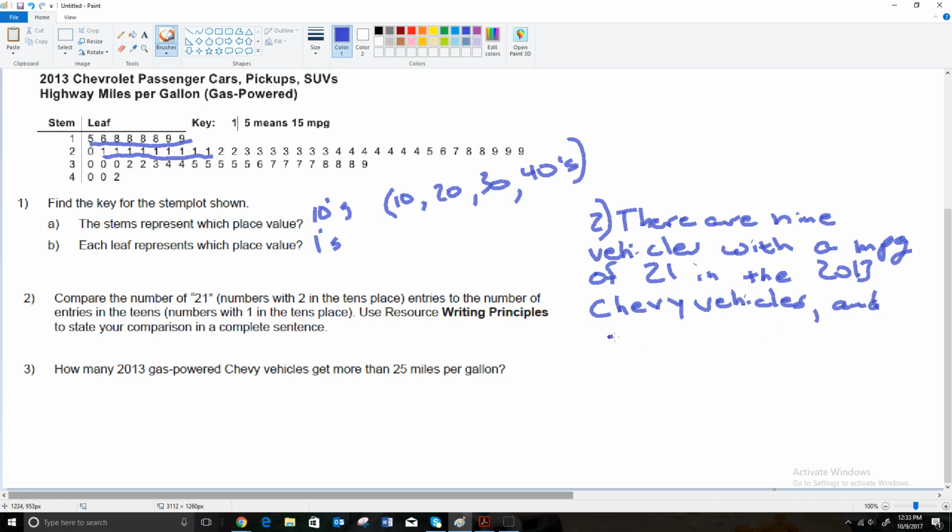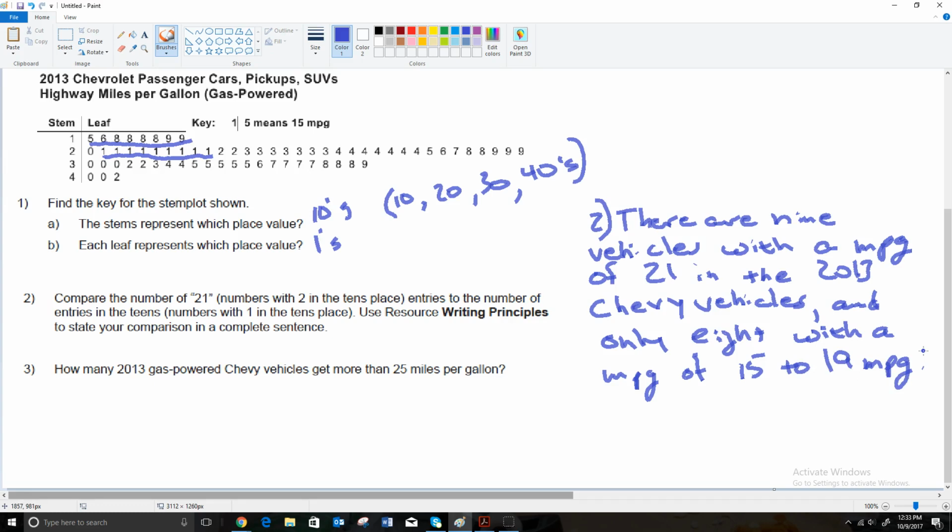And only 8 with miles per gallon of 15 to 19 miles per gallon.